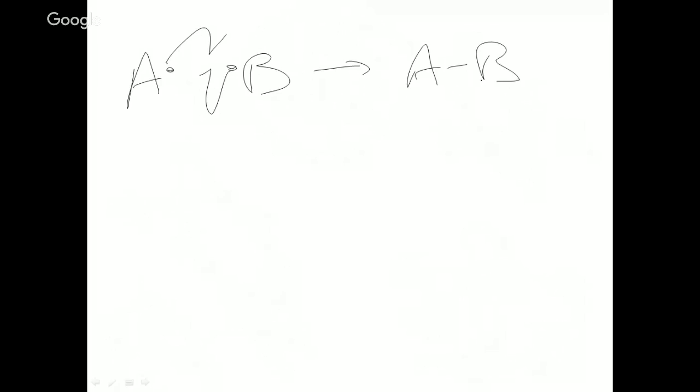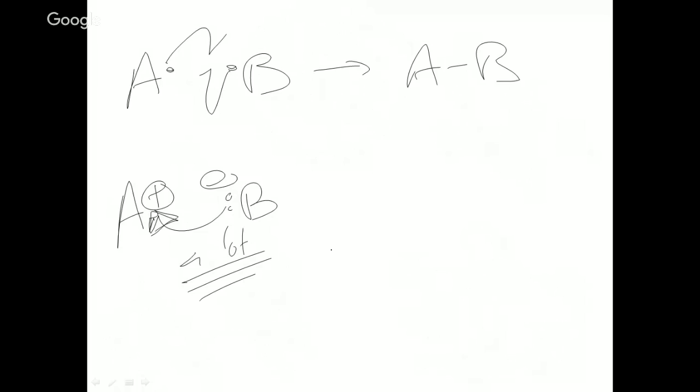Just in general terms, you could have A plus, B minus, and the opposite. This can attack. This is what we'll see a lot of. We'll see negatives attacking positives to form new bonds. Lewis base attacking a Lewis acid. Very, very important. So bond breaking, bond forming.